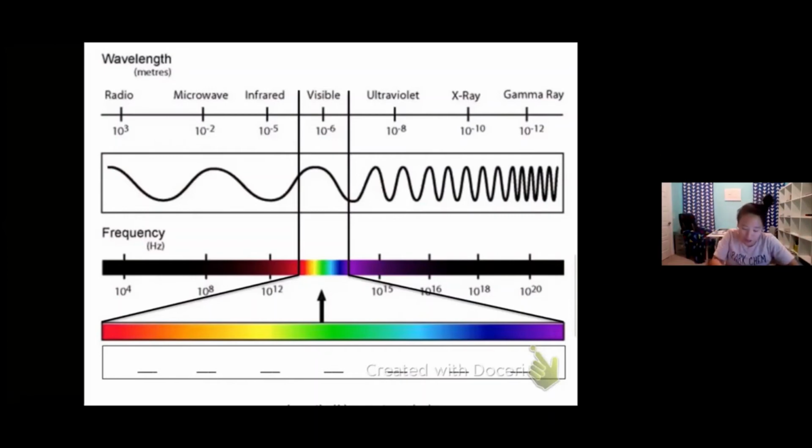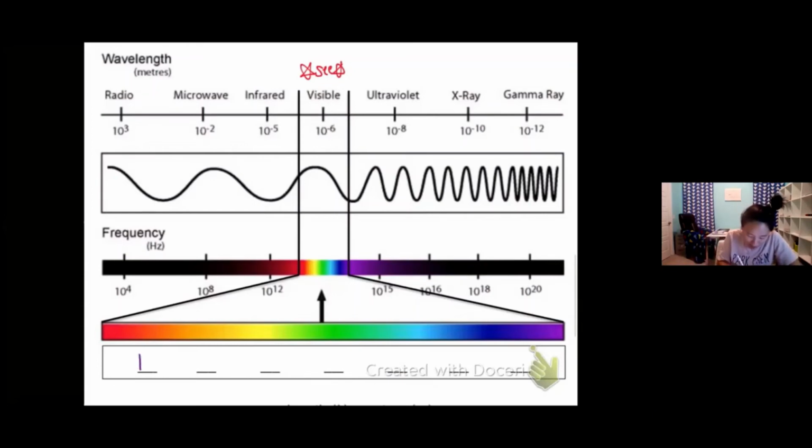So if you look here, we can't see 6 of them with our eyes. There's only one type of radiation we can see. It's the one that says visible. So this is the one that we can see with our eyes. It involves 7 different colors, and then the mix of them is all the different colors that we see. So the 7 different colors that we can see is labeled Roy G. Biv, right?